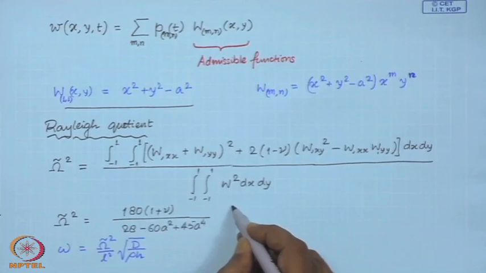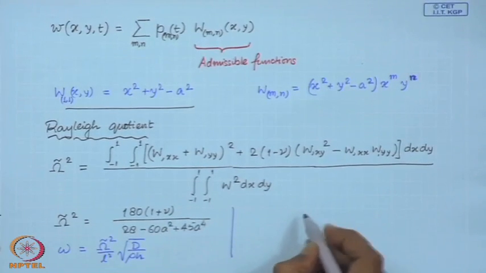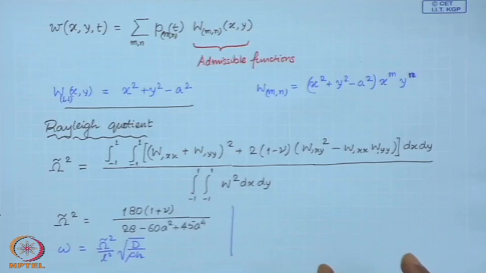Now, suppose you want to ask what should be a good radius for this circular support, so that the plate is well supported. In that case, what we are asking is what radius will give a very high natural frequency. High natural frequency would mean the support is quite stiff.